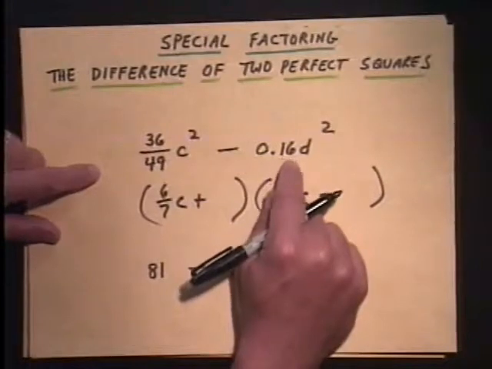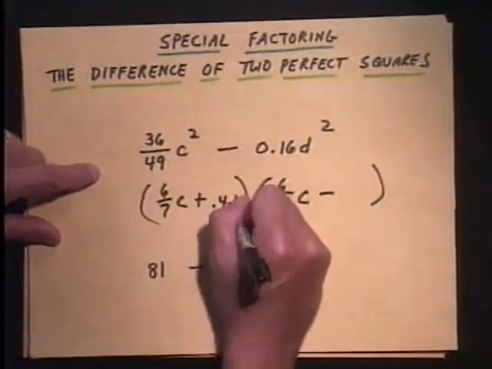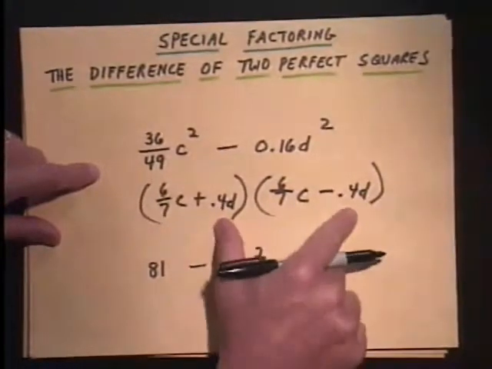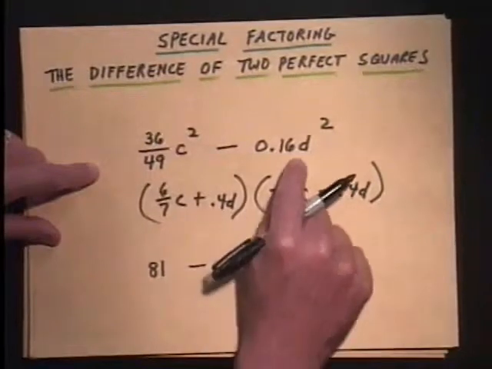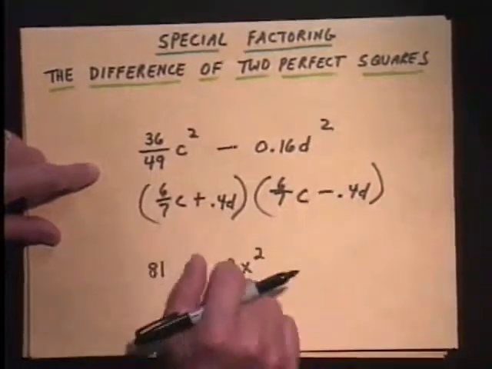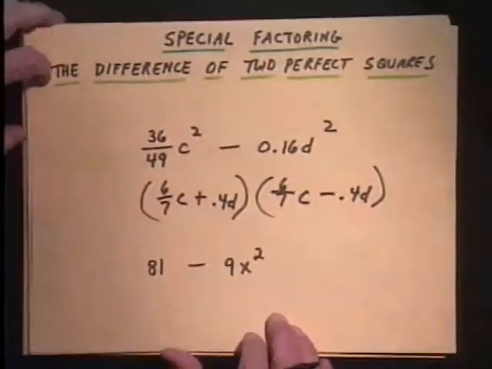There's those perfect square numbers again. So you will get plus 0.4d, minus 0.4d. And if you multiply 0.4 times 0.4, you get the 0.16 back, d squared. So fits like a glove. Again, conjugates.